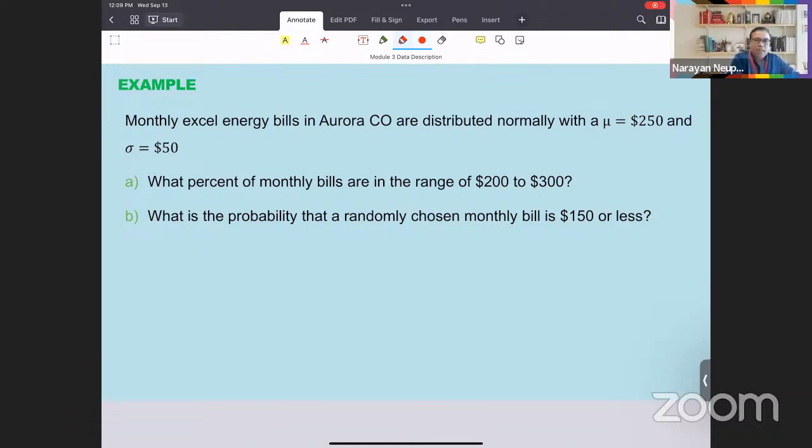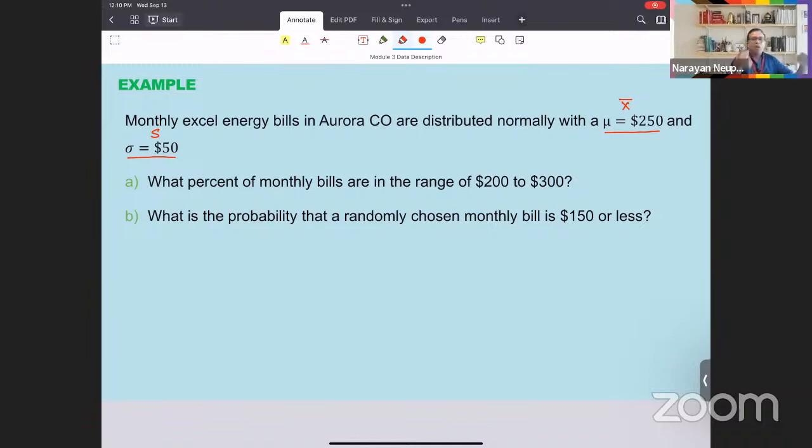Here, monthly Excel Energy bills in Aurora, Colorado are distributed normally with a standard deviation of $50. So that is the general information, an average of $250, and they say that the distribution is normal.